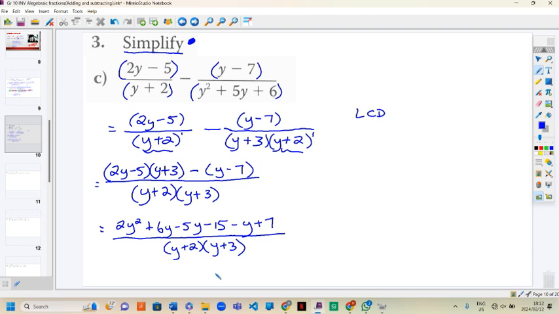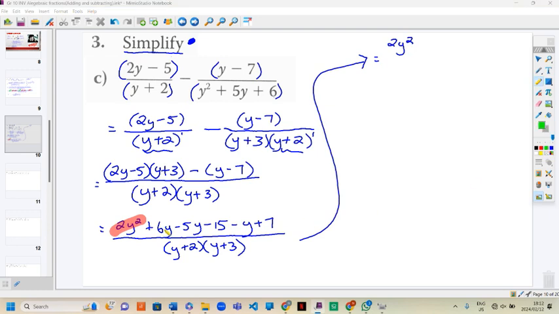Now, I'm still not finished yet. Why not? Because I still have some like terms there. I've got my y squared. There's only one y squared there. So that equals 2y squared left over there. Let's look at my y terms. I've got 6y minus 5y minus y. What is 6 minus 5? That's 1y.